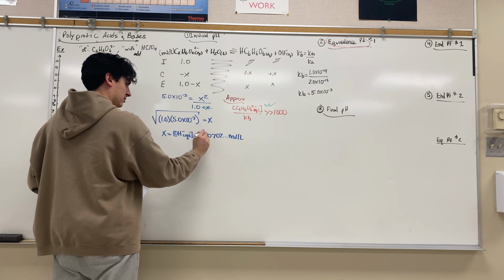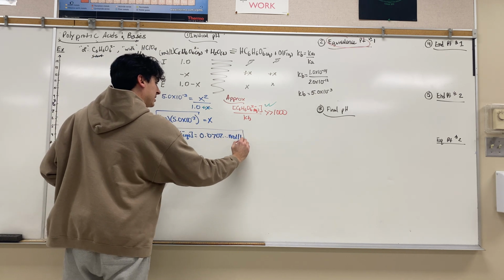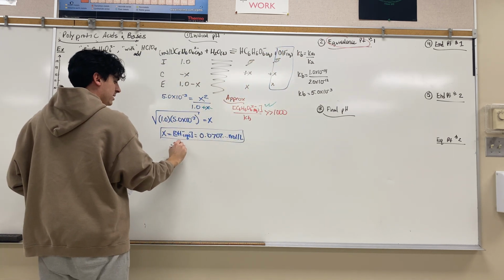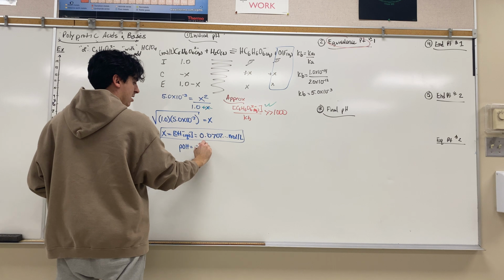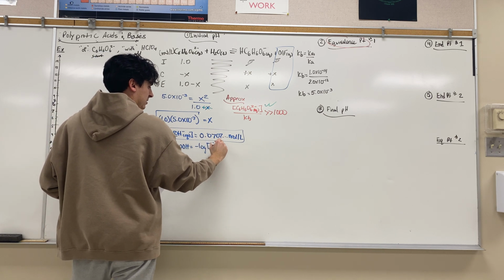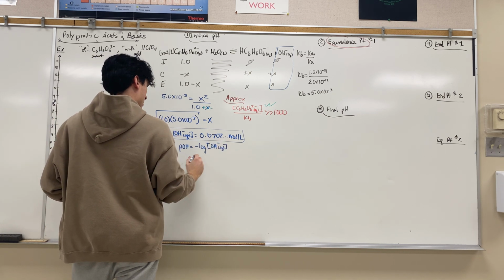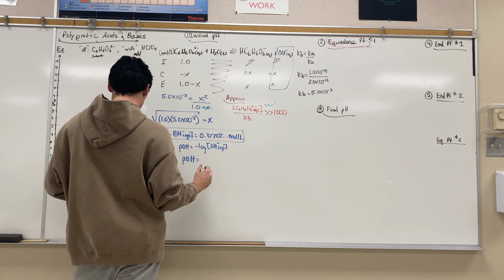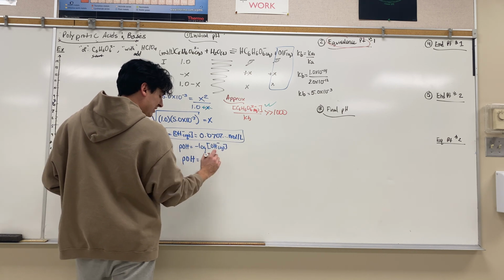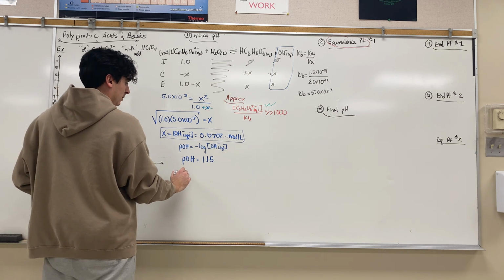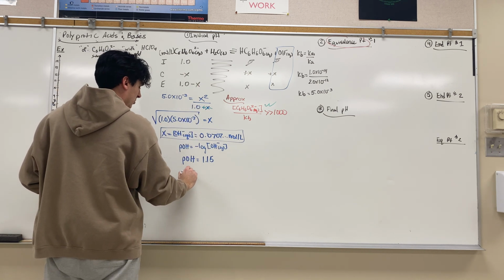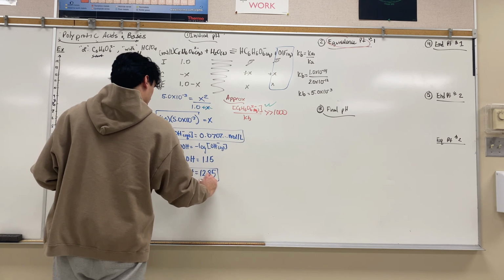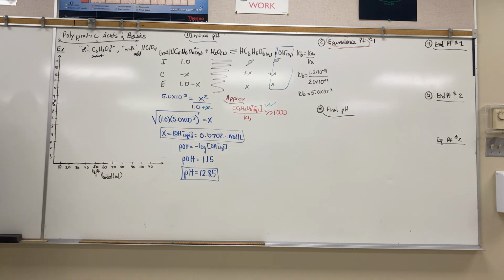Because we're calculating OH-, we can find pOH by doing negative log of OH-. And so the pOH using negative log is going to be 1.15 rounded to 2 decimals. Because we have 2 sig digs in the concentration, my pH is 14 minus that, which is 12.85.